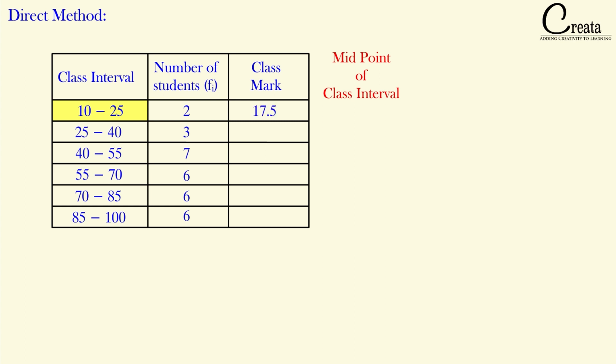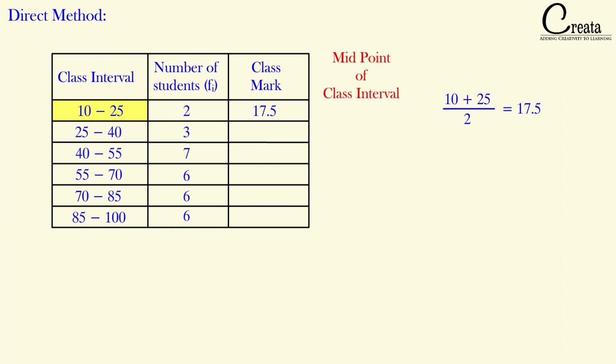It will be 17.5. That is the midpoint of 10 and 25. How have we calculated that? We have just added the upper limit and the lower limit, and divided it by 2. 10 plus 25 upon 2 will be 17.5. We have just calculated the midpoint of this class interval.